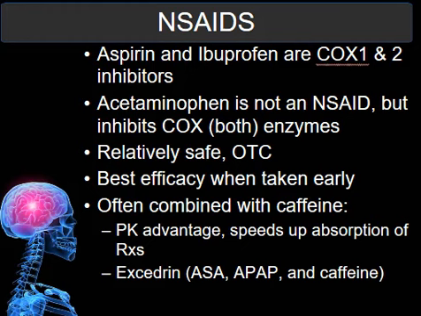They've got a very wide therapeutic index. And it seems that the best efficacy of these drugs is when taken early. If you know people that get persistent headaches, I'm one of them, if you can take these drugs before the headache occurs, you have a much shorter duration of the headache.